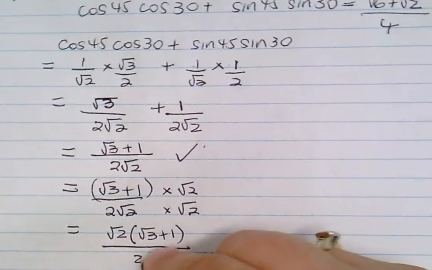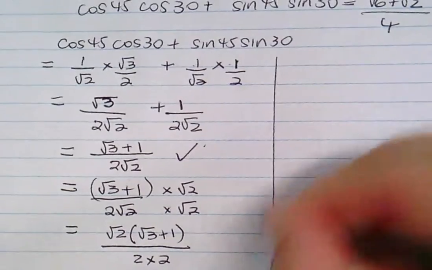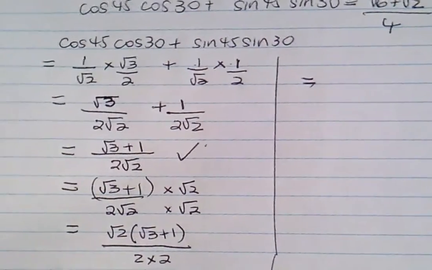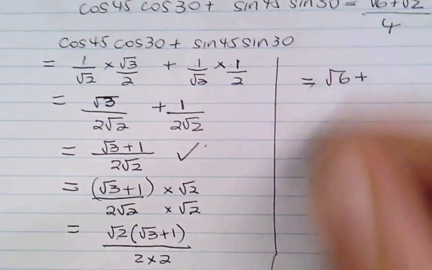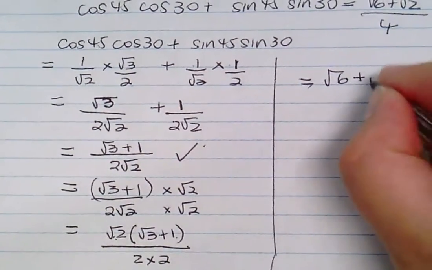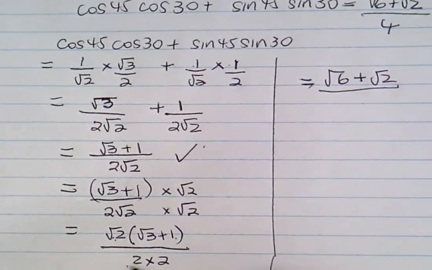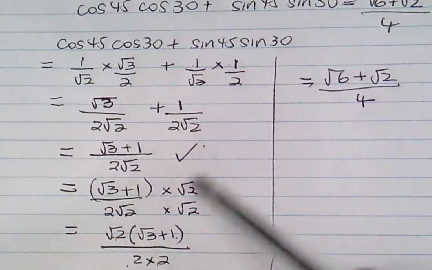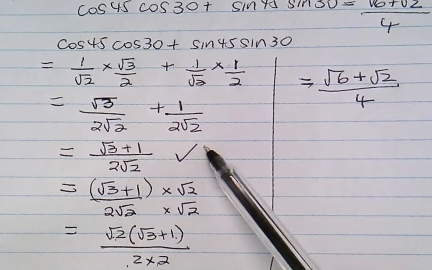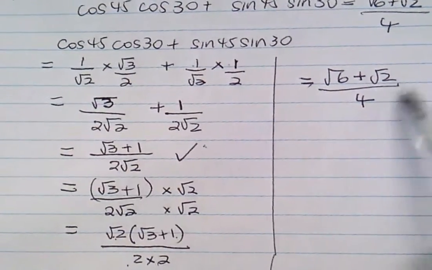Well, that's really 2 times 2. So this would be root 2 times root 3 is root 6, plus root 2 times 1 is root 2, over 2 times 2 is 4. Now, I am happy for you to stop where the tick is. Just make sure that that equals this.